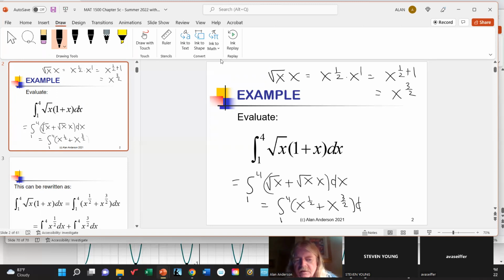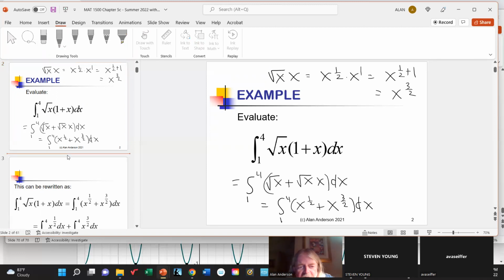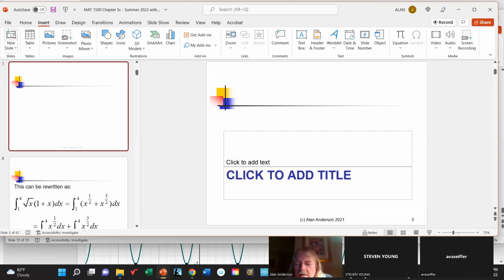Now, once you've got it in this form, it should be pretty clear that all of a sudden we can apply the power rule to both of those terms. So we've rescued what appeared to be at first glance an impossible to solve integral, or at least one that would be very difficult without learning more rules. So in this case, we didn't have to do anything more complicated than simply rewrite it algebraically.